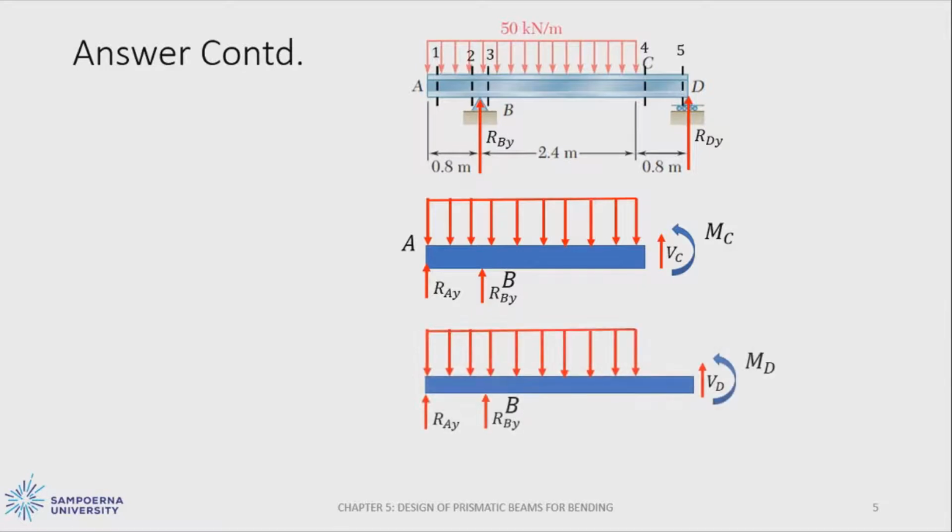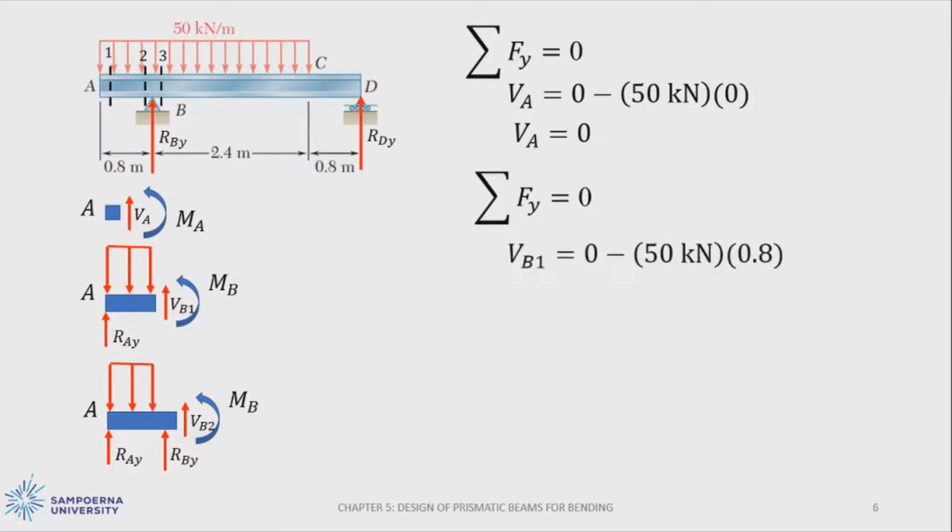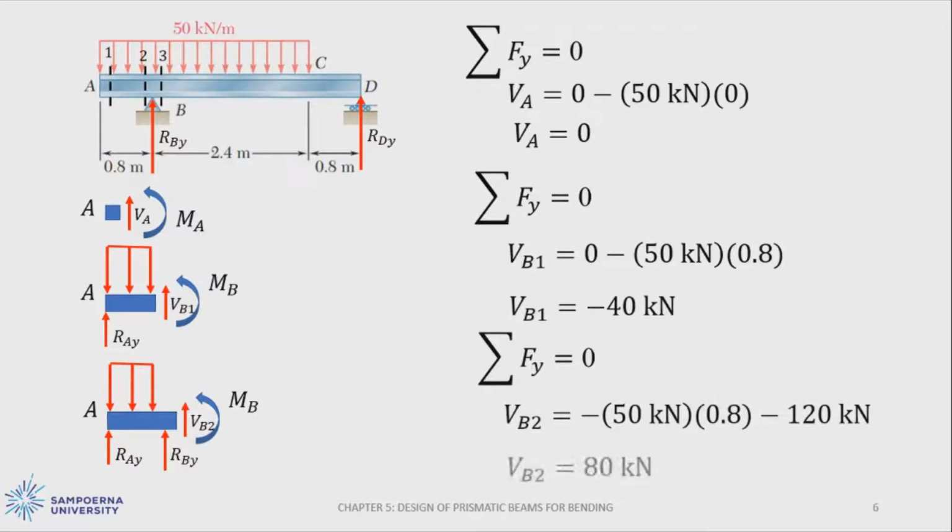And then the fifth partition is just before reaching point D. From the partitions that have been created, we can calculate V for each partition. The first one, VA is equal to 0, then VB1 is equal to minus 40 kilonewton, and VB2 is equal to 80 kilonewton.